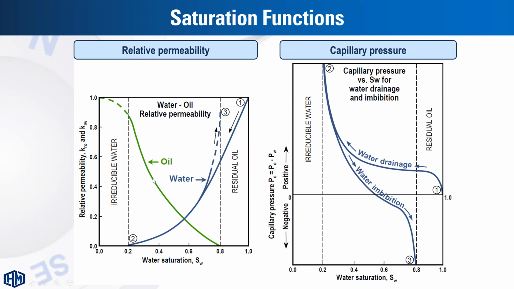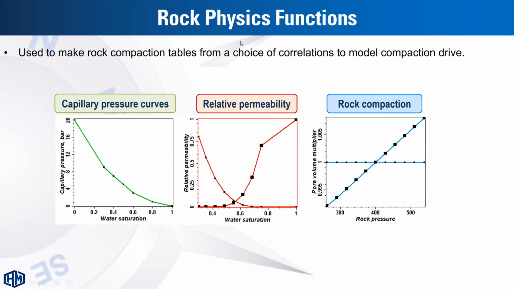And using the relative mobility, we can define the endpoints and the minimum and maximum saturation for each phase. This is the rock physics in the simulation terminology. As you can see, it's a combination of capillary pressure, relative mobility, and rock compaction. This is the rock physics function.